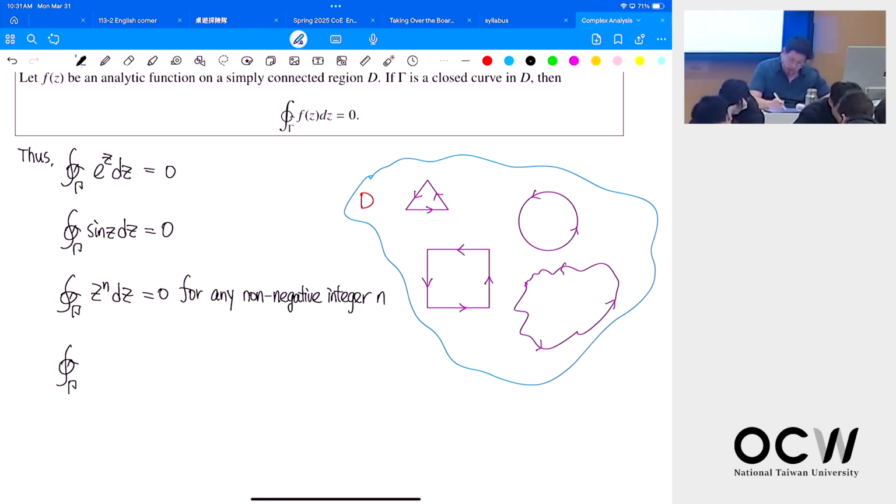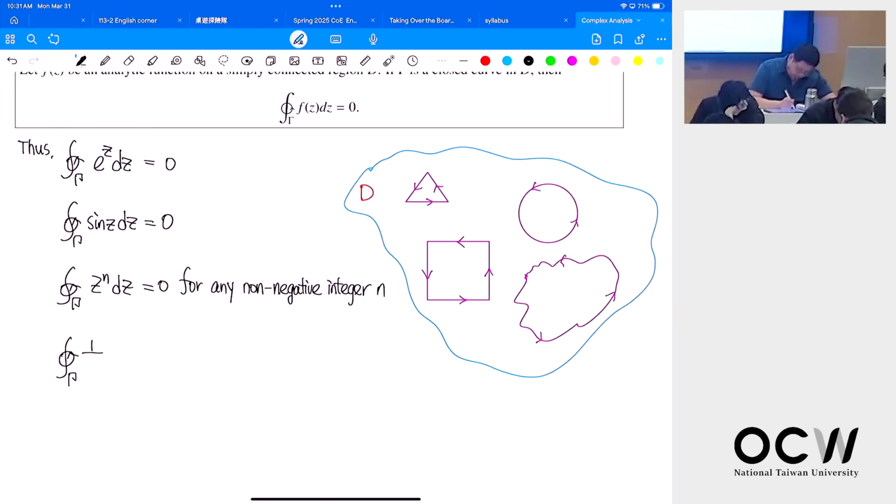It really depends on your curve. So that means if I have the function 1 over z and I want to do the integration, it can be either 0 or non-zero.